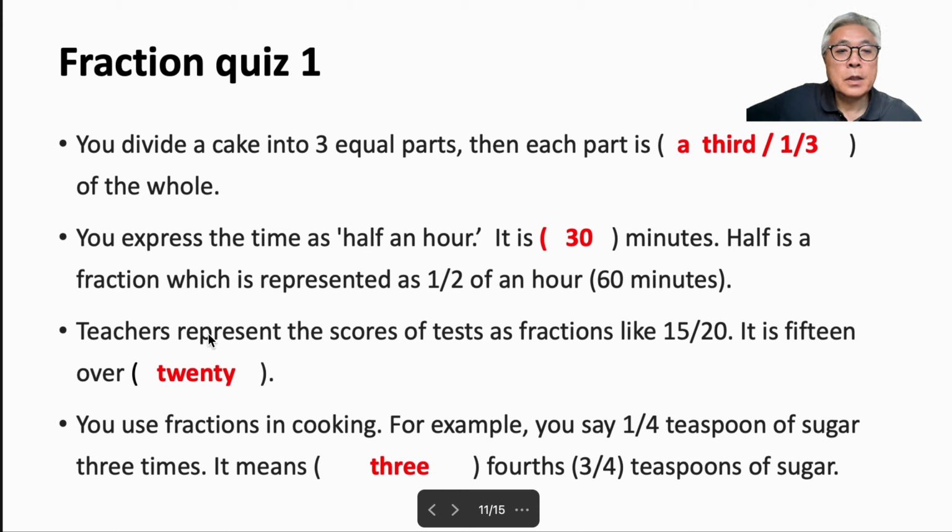Teachers represent the scores of tests as fractions like 15 over 20. You use fractions in cooking. For example, a quarter teaspoon of sugar 3 times means 3/4, or 3 quarters teaspoons of sugar. Okay.